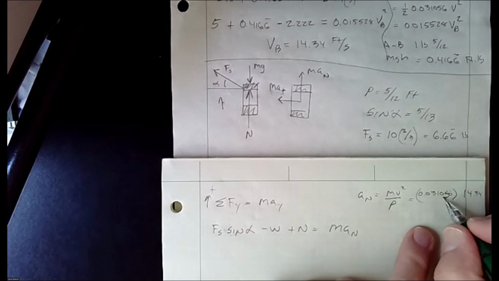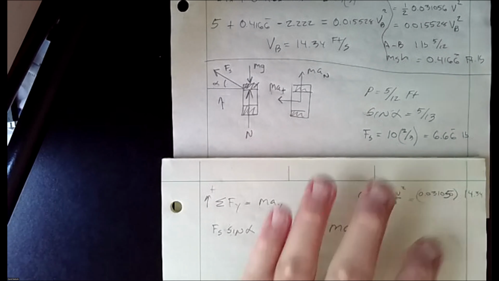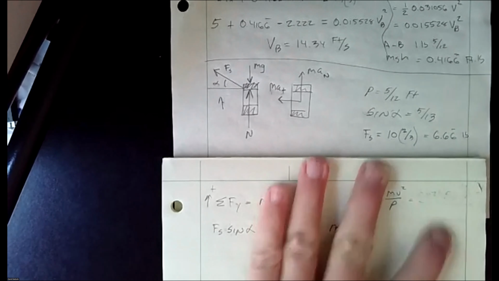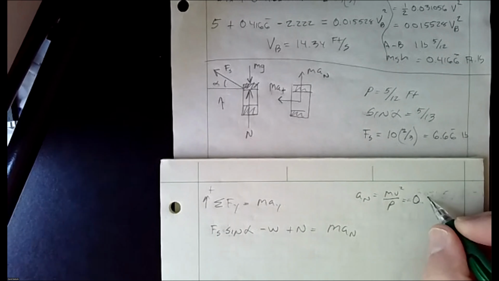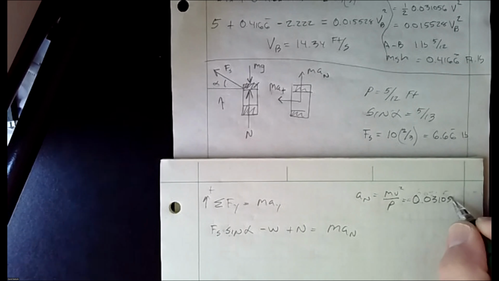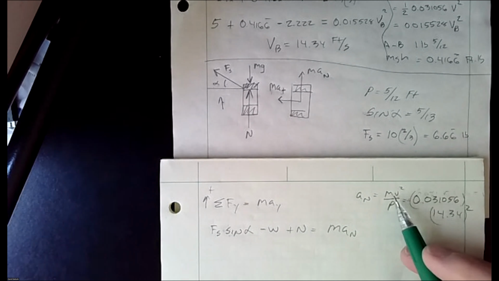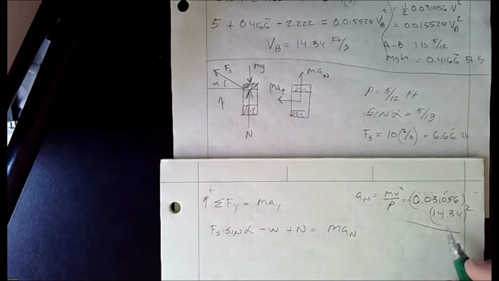Hard to read, so let's make it bigger. 0.031056 multiplied by 14.34 squared, so mass times velocity squared, and all that divided by 5/12.